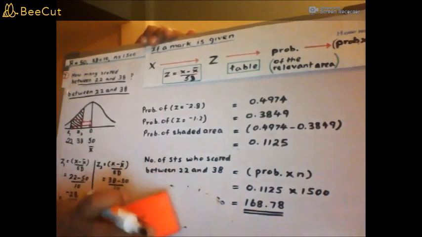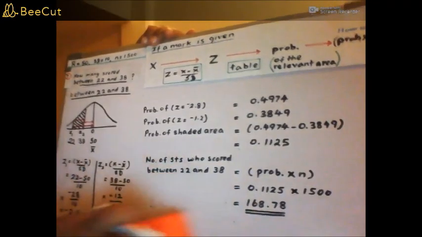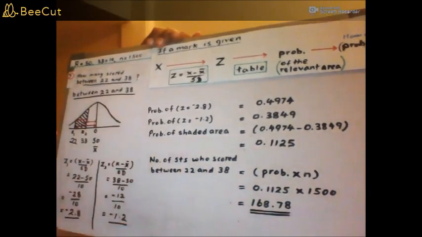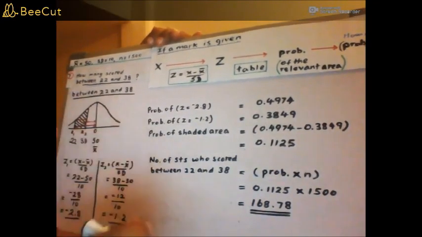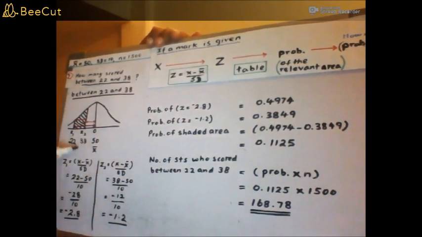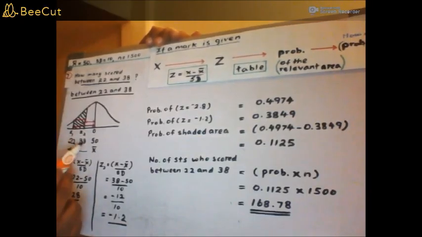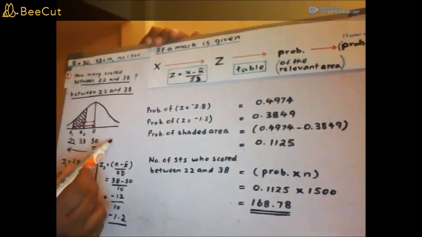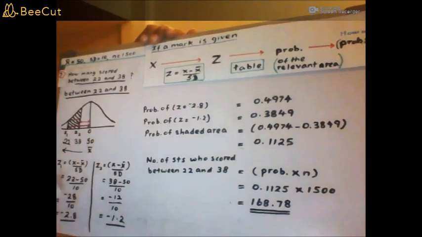Likewise, that's what I wanted to highlight. Take the smaller values to this direction, this side. Right? 22, 38, 50, 60, 70, 80, like that.